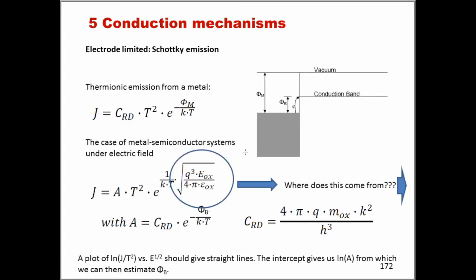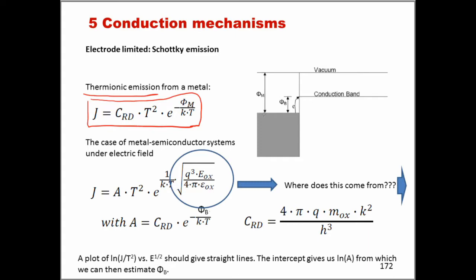So the thermionic emission is a process that can be described through this formula here. So this is the formula that provides how much current we should expect when the material, the electrode, the metal, is at a certain temperature T. And Φm is what we would call the work function of the metal.